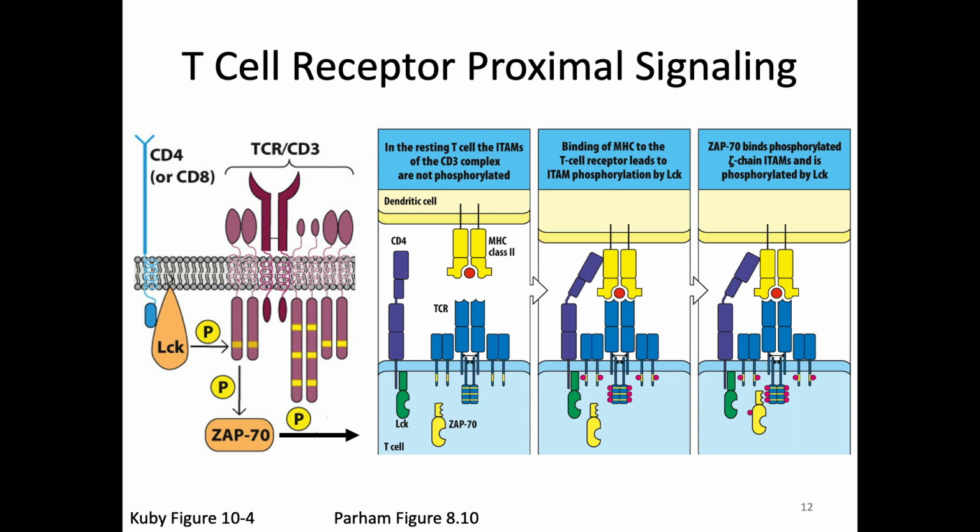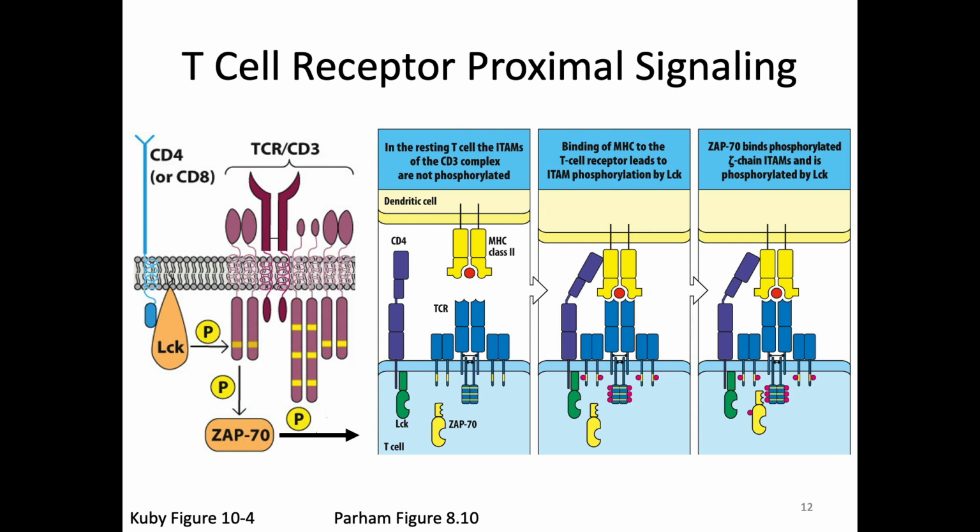ZAP-70 is a protein, and it is a protein with a particular function. ZAP-70 is a protein known as a kinase. So if something is a kinase, what does a kinase do? Yep. So a kinase adds phosphates to things. It phosphorylates things.